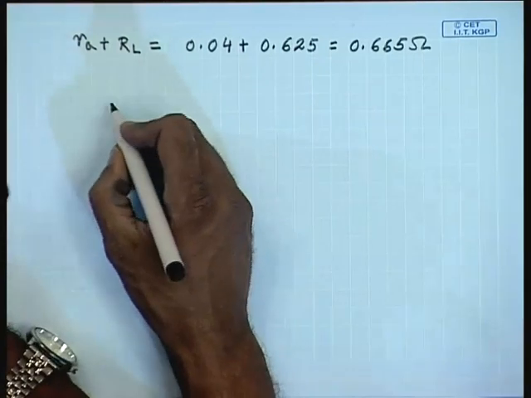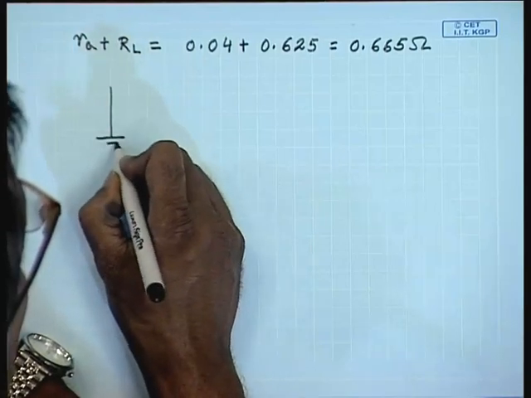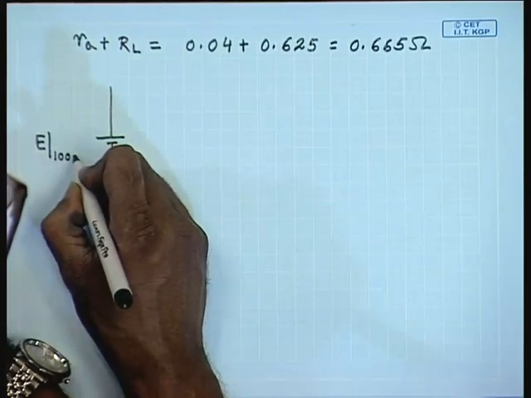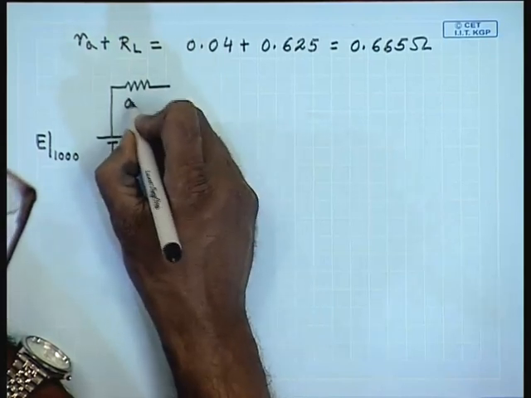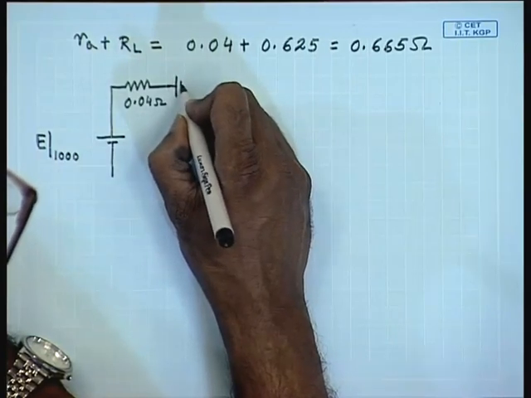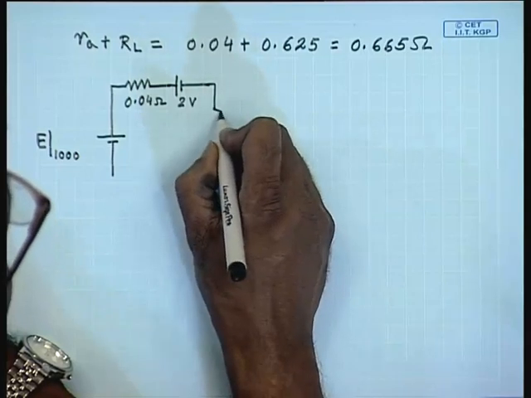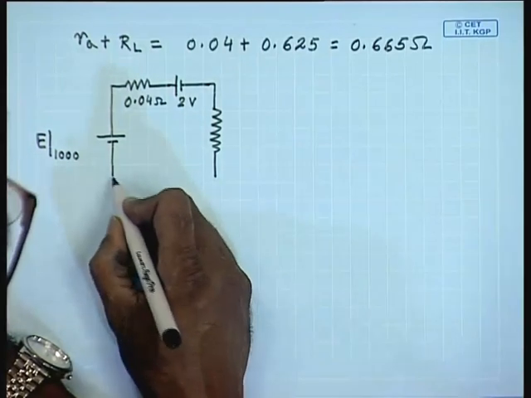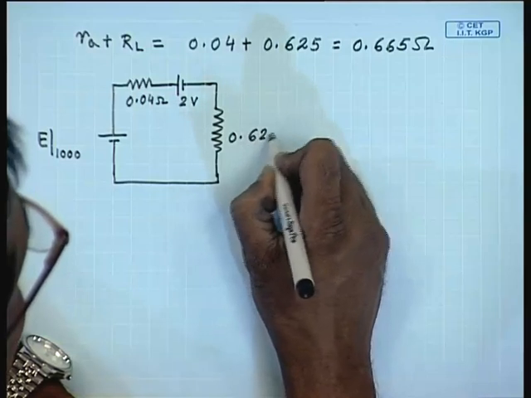At 1000 rpm, therefore, we can draw the equivalent circuit as E at 1000, Ra 0.04 ohm, then Eb equal to 2 volts and RL 0.625 ohm.